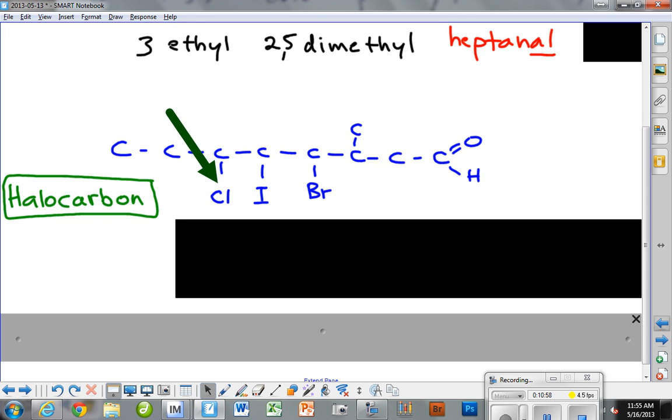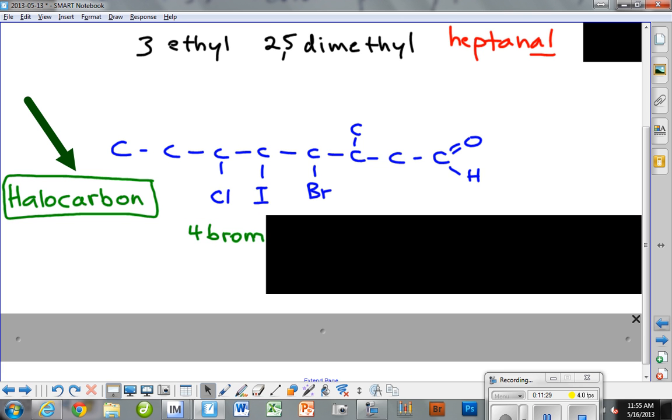So chlorine would come in with the name of chloro, and iodine comes in with the name of iodo, and bromine comes in with the name of bromo. And the last halogen that ends up in any of these guys with any degree of regularity is fluorine. That would be fluoro. So when we name this guy, we're going to put our halogen substituents in alphabetical order.